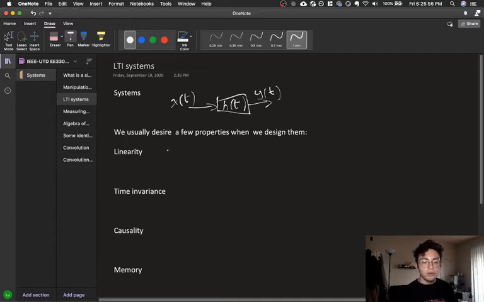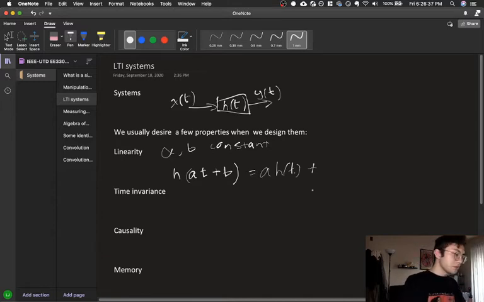So the property of linearity, for any constants a and b, we'll have h of a t plus b... Wait, hold on.